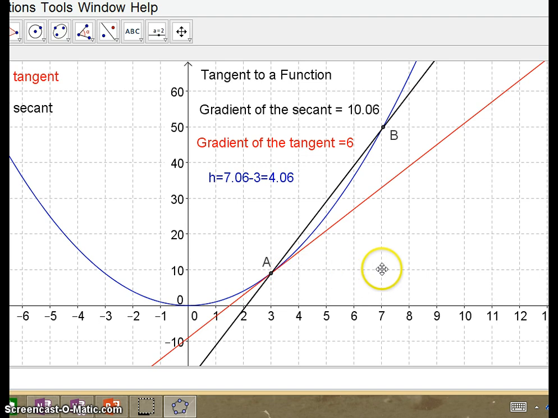The rise of the secant will be from y equal to 10 to y equal to 50, so it'll be equal to 40. Hence we have a gradient of approximately 10 for the secant and approximately 6 for the tangent.